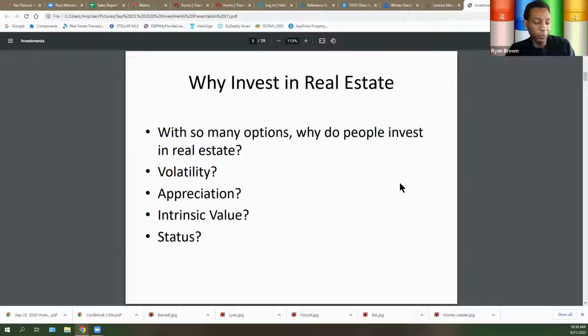Some people do it for the passive cash flow. Some people do it as a way to tie up their net worth and have it in something that appreciates in value over the long term. So they're looking for a rate of return, some return on their cash, and they're looking for something that can appreciate over time.